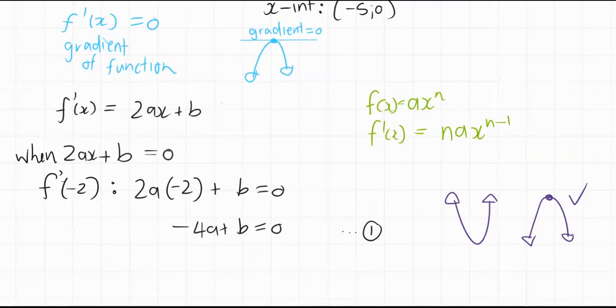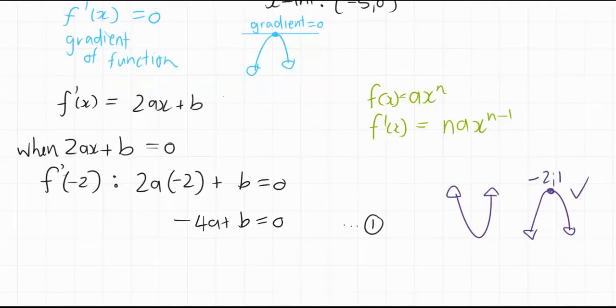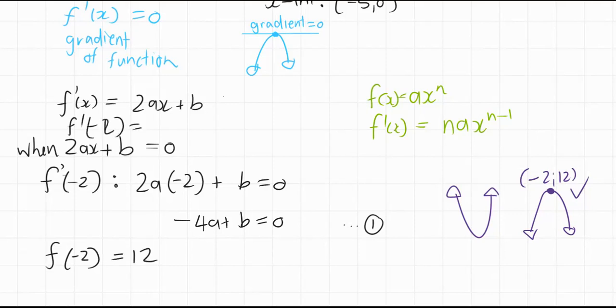So this maximum point was (-2, 12), and that is actually a point on the graph. It's a point on f dash of x, but it's also a point on f of x. So we can say in our working that f of negative 2 is equal to 12, just like f dash of negative 2 was equal to 0.